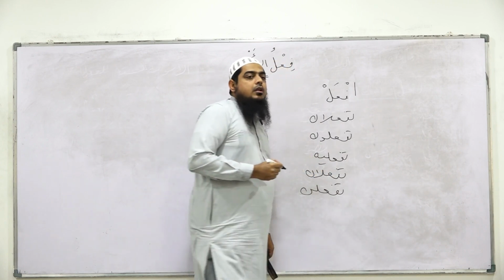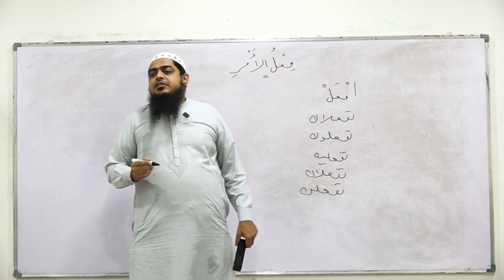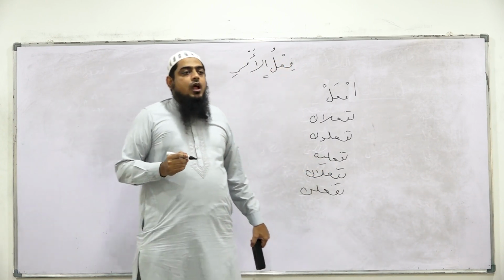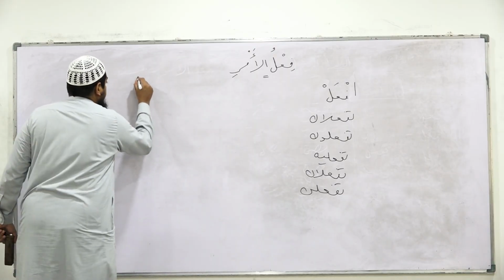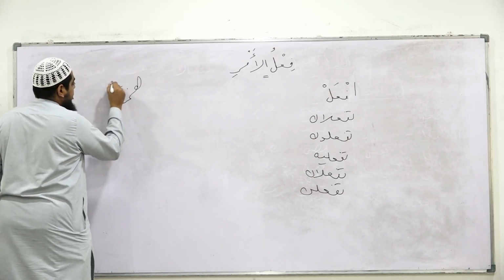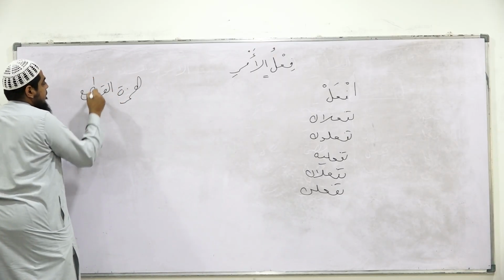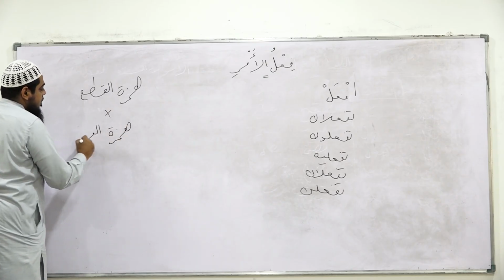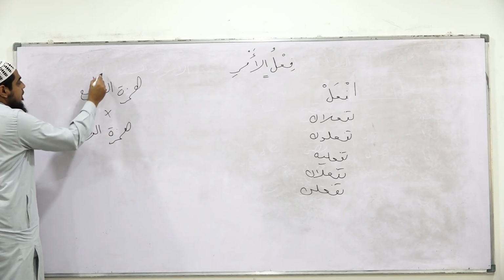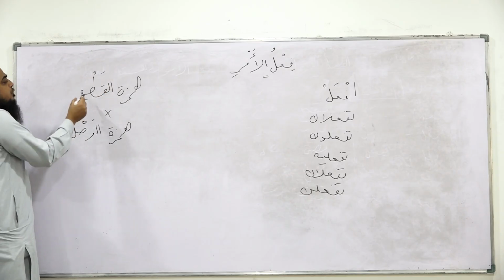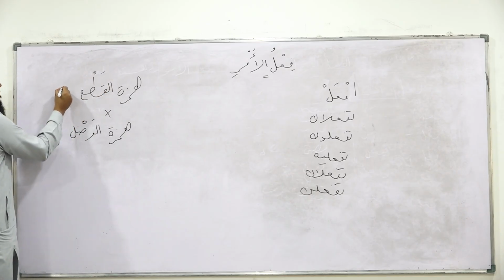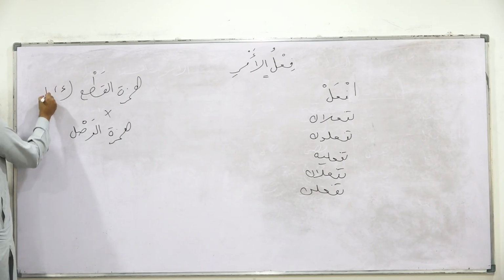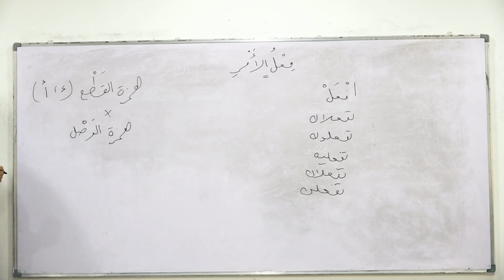You know Hamzatul Wasl. You have two types of Hamzas in Arabic language. One is Hamzatul Qata'. Another one is Hamzatul Wasl. Hamzatul Qata' can be represented like this. Hamzatul Wasl is like this.